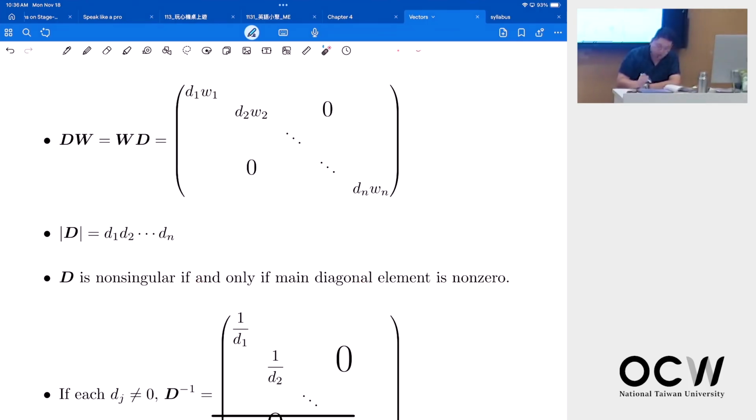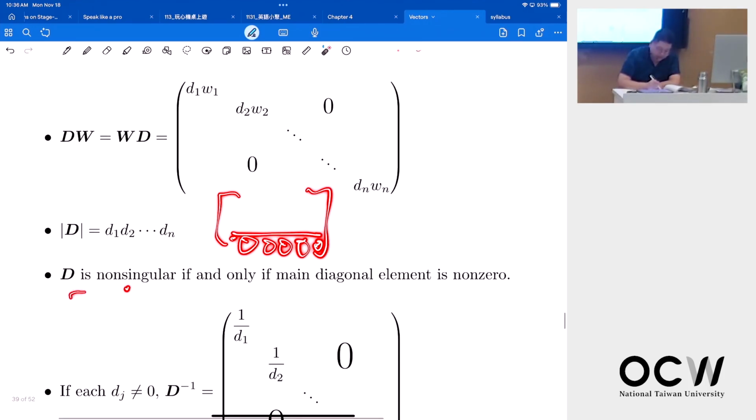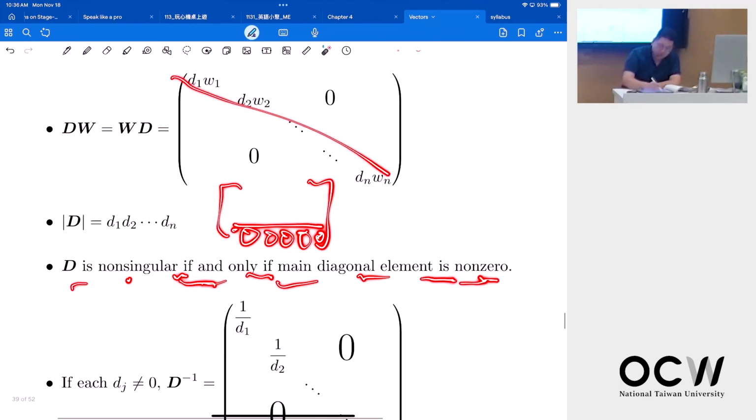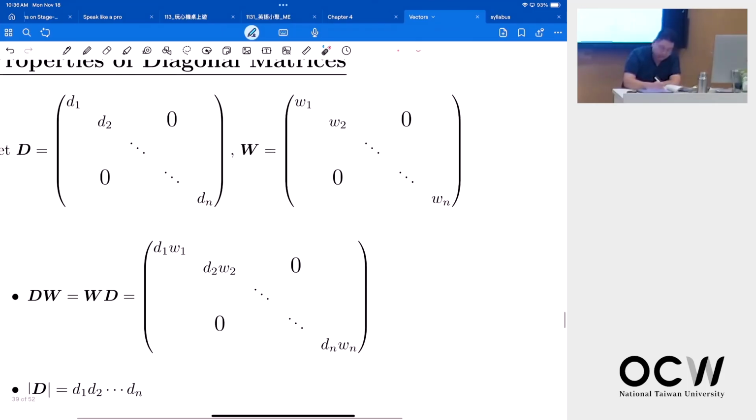What is non-singular and singular? If I say the matrix is singular, that means the matrix has at least one row where they are all zeros. It is called singular. And for non-singular, the main diagonal elements are all non-zero. Because I can also say that this is a diagonal matrix.